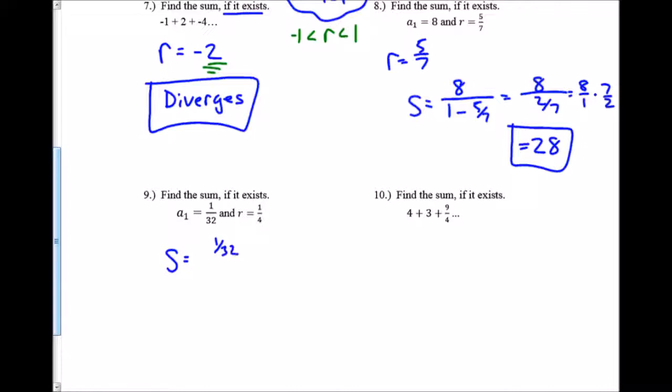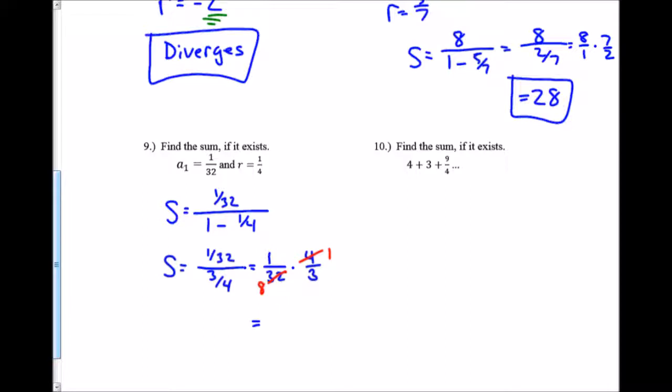And when I do this subtraction, that's 1 over 32 divided by 3/4. Again, dividing by a fraction is the same as multiplying by the reciprocal. And I can multiply this out, cross-reduce a little bit. I want to leave this as a fraction. The 32 and the 4 reduce to a 1 and an 8. And now I multiply straight across, so I find out that my sum on this one is 1 over 24.